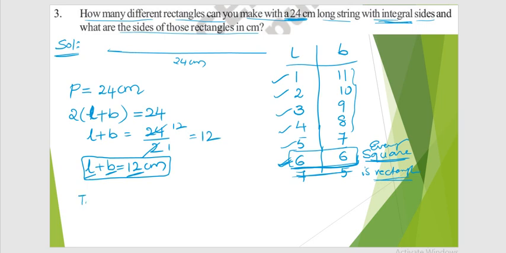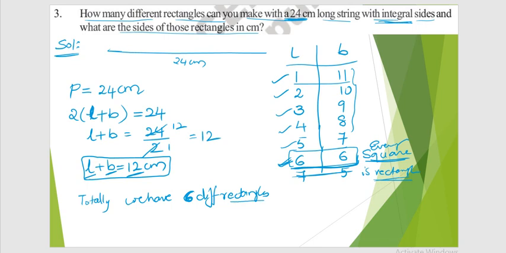Totally we have 6 different rectangles, because if you take 1 by 11 or 11 by 1, both will be the same, just the orientation changes, but the rectangles have the same area, right? So totally we have 6 different rectangles.